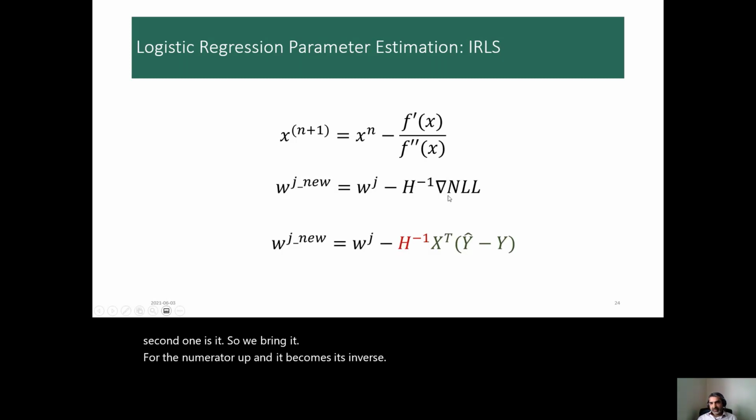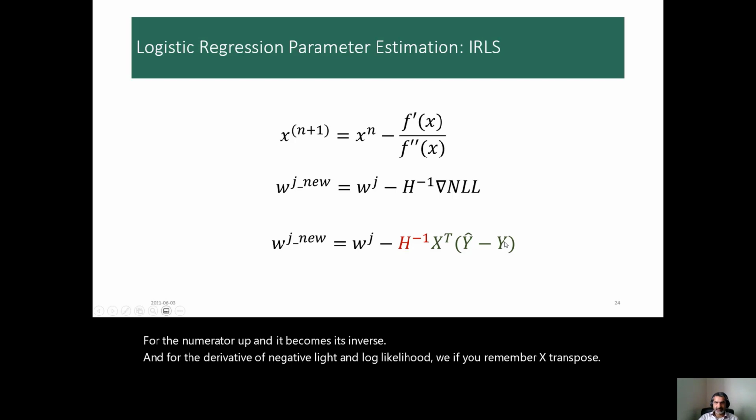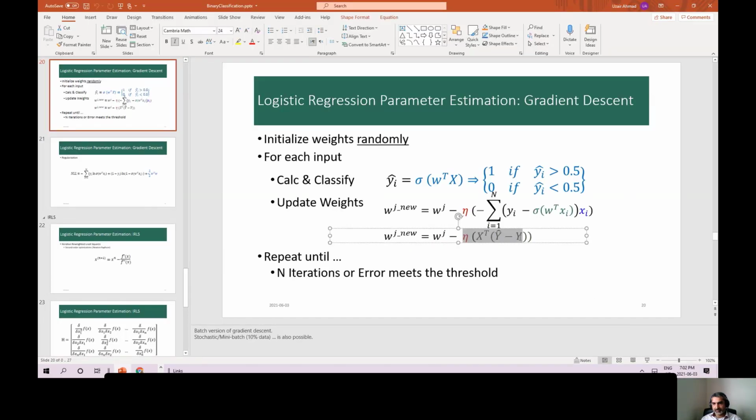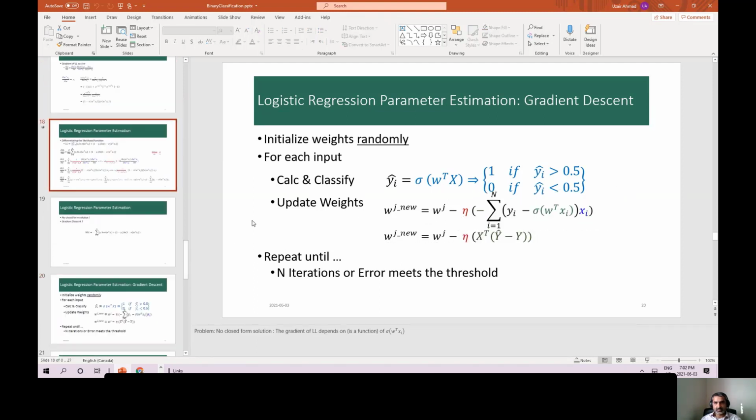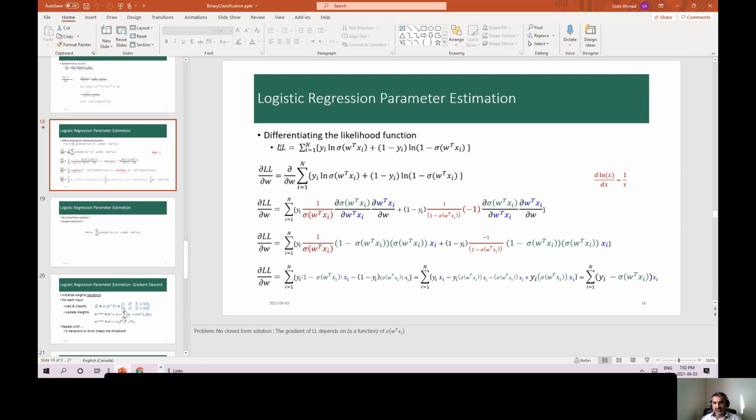And for the derivative of negative log likelihood, if you remember, X transpose (y hat minus y), right? We reached this when we differentiated the log likelihood, from here.